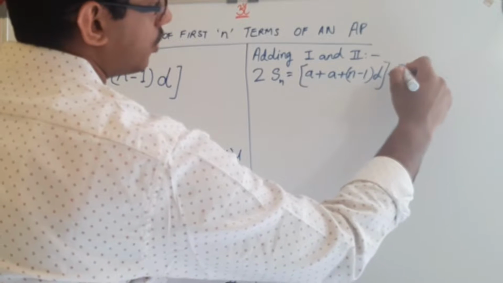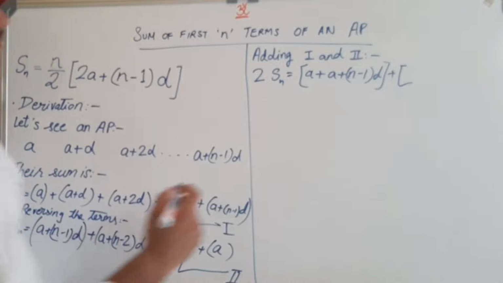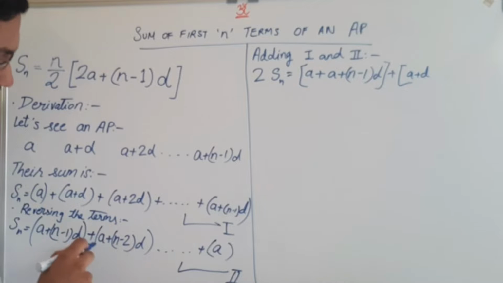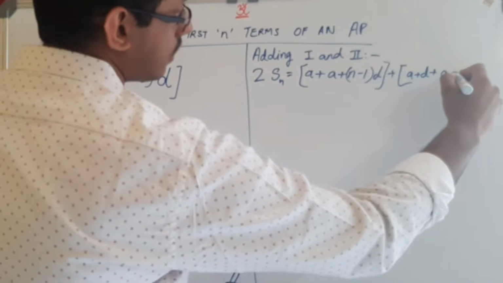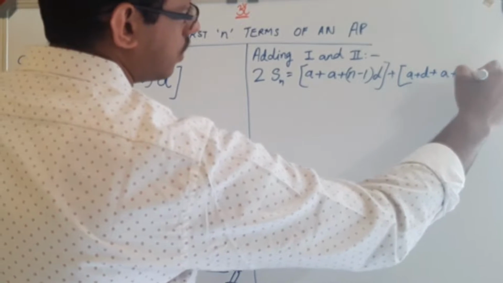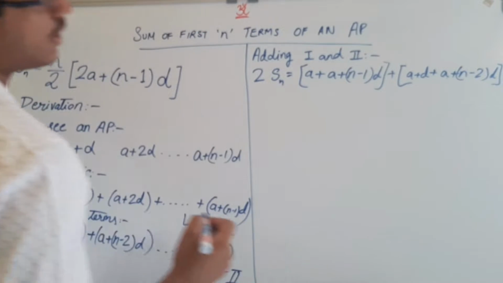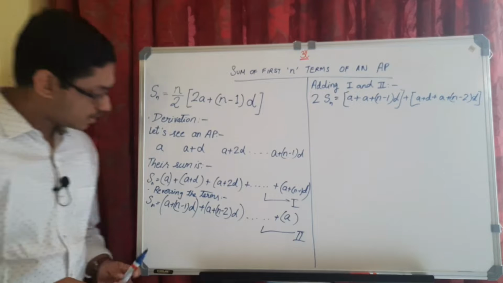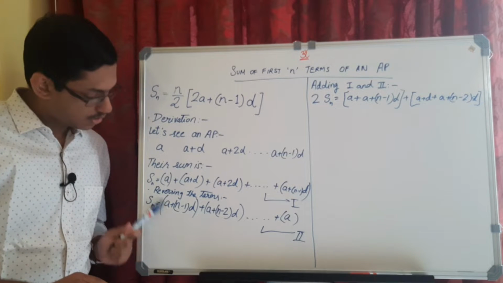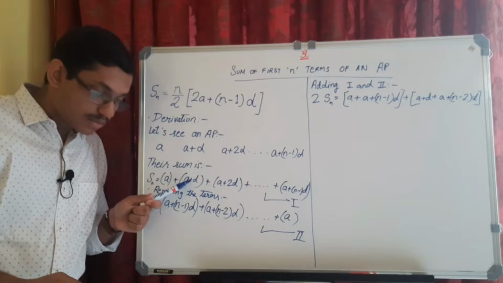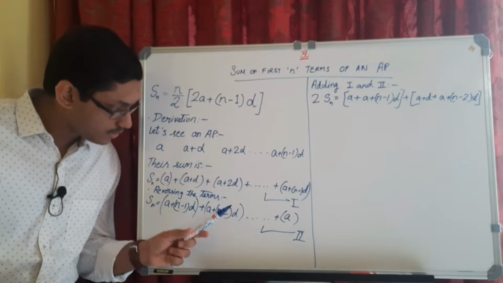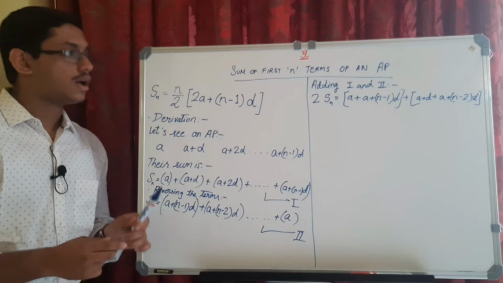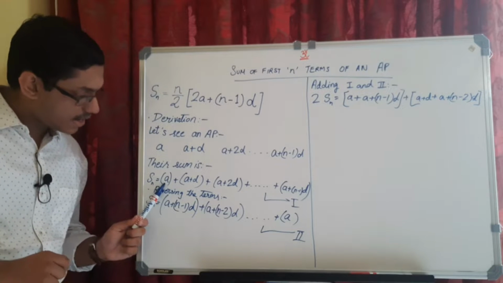Now we will move on to the next term. (a plus d) plus (a plus (n minus 2) d). See, this is a, this we added with this. This is the second term, we have to add it with this. This is the third term, we have to add it with this. So remember, do not add a with this.